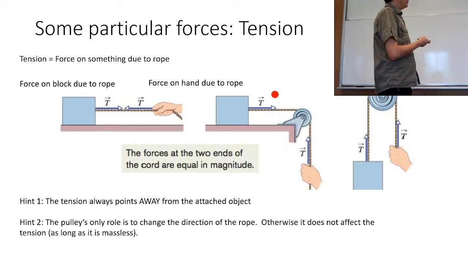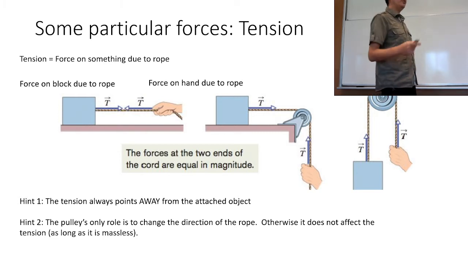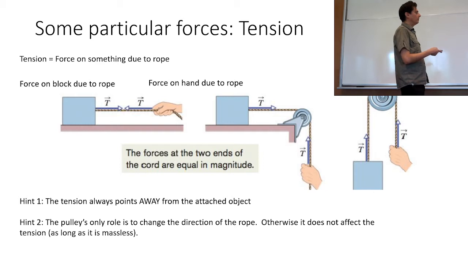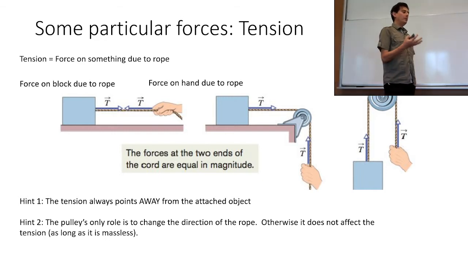If you have a rope that's attached to something and then you're pulling on it, then this basically provides a way of transferring the force from, originally you, to the block. So it's useful to understand where the forces are in a rope like this.